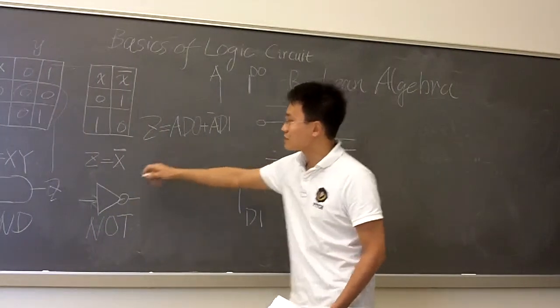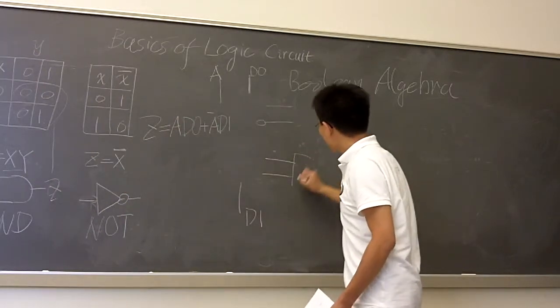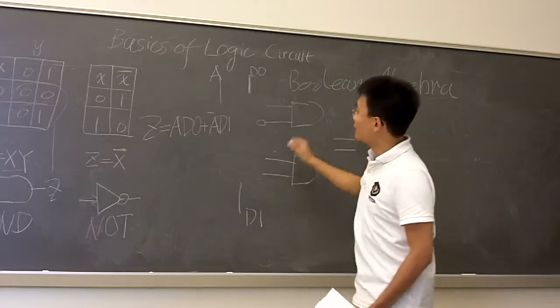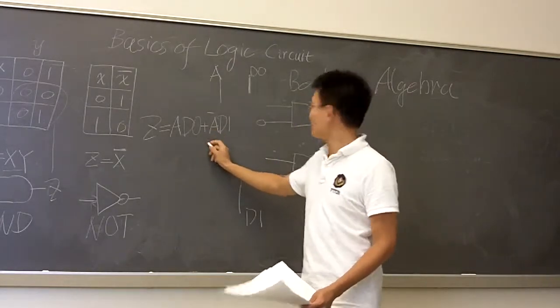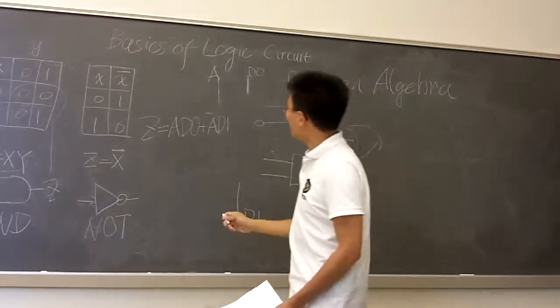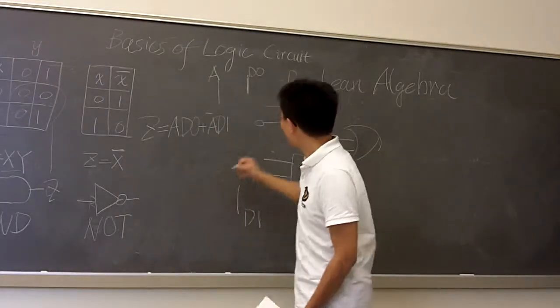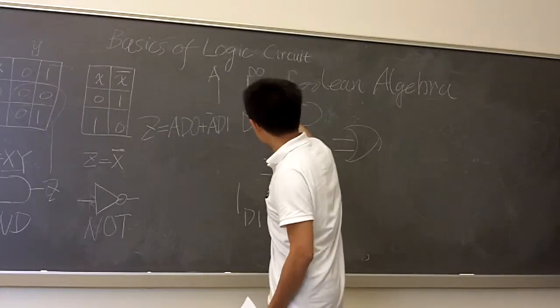AND means multiplication, so we have 2 AND gates, right? And how many OR gates do we need? One. Yes, 1. And how many NOT gates do we need? One. Yes, correct. And we connect them like this.